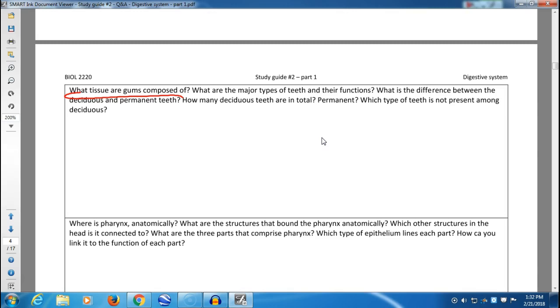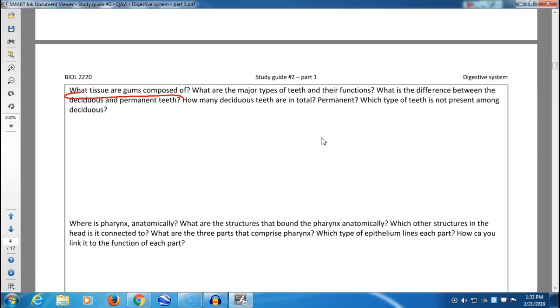When I say where's the pharynx anatomically, it's really hard to describe. Let me ask you this: do you understand where it is? Do you understand the 3 portions of the pharynx? We'll be able to identify them on the anatomy exam. Good. Anatomy exam, by the way, as usual, multiple choice. What are the 3 parts? Naso, oral, laryngo. Which ones participate in digestion?